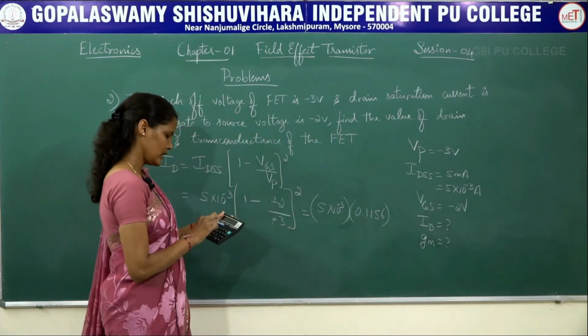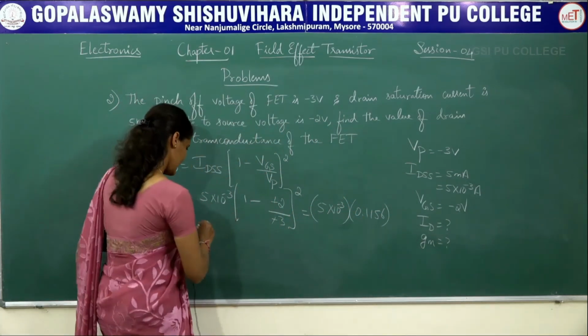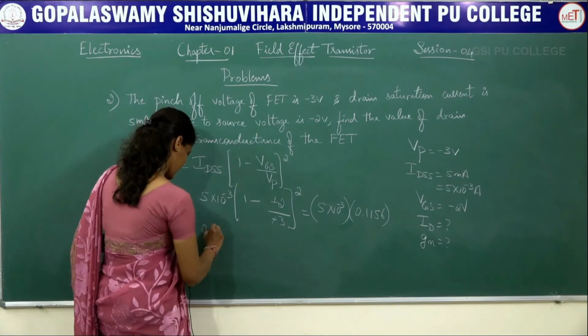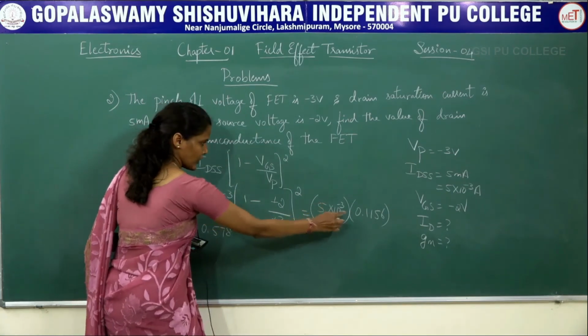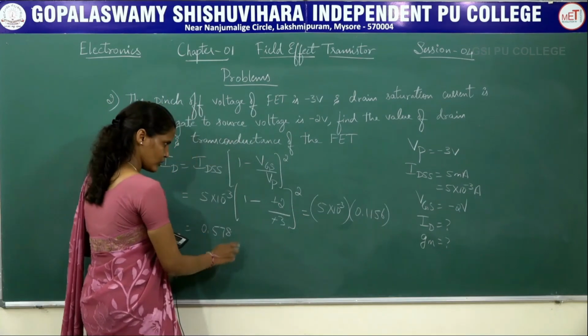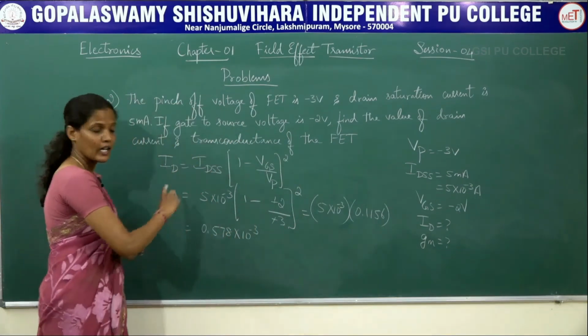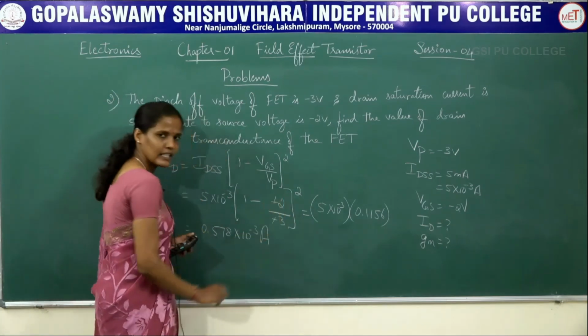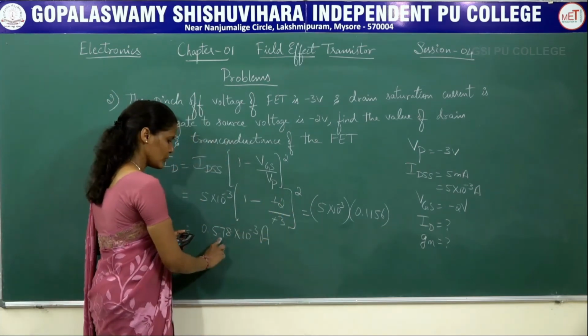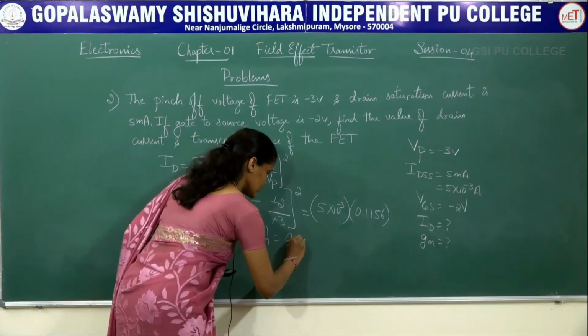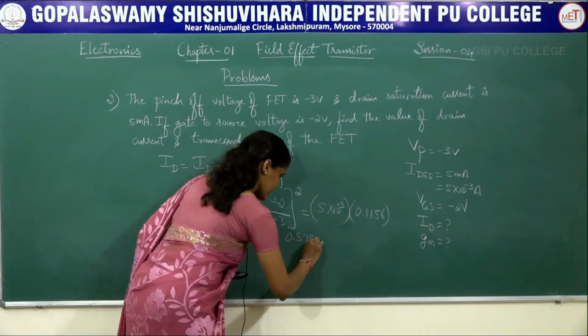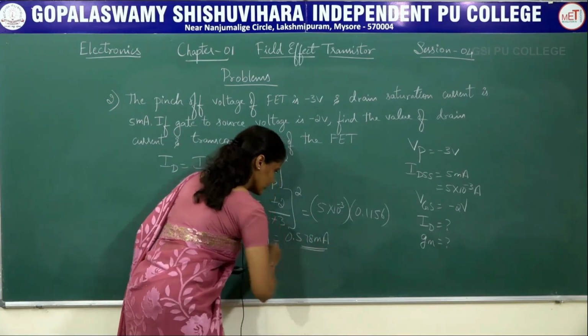Just multiply into 5, I am going to get 0.578. 5 into 0.1156 is 0.578 into 10 to the power of minus 3 amps. Current ID is a current, so the unit is amps. So 0.578 milliamps is the answer for this.